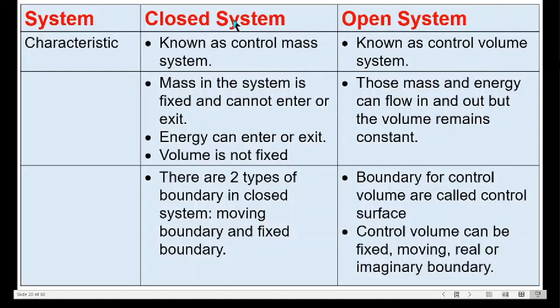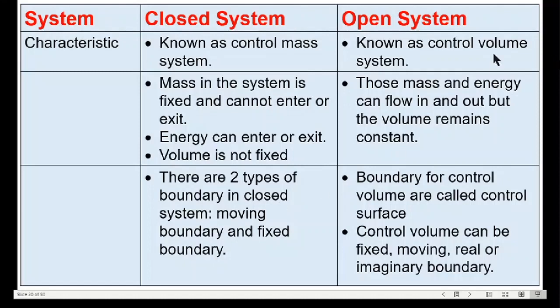In a closed system, mass in the system is fixed and cannot enter or exit. Energy can enter or exit. Volume is not fixed. In an open system, both mass and energy can flow in and out, but the volume remains constant. Remember, control volume means volume is constant. Control mass means mass is fixed, mass is constant. In a closed system, there are two types of boundary, moving boundary and fixed boundary.